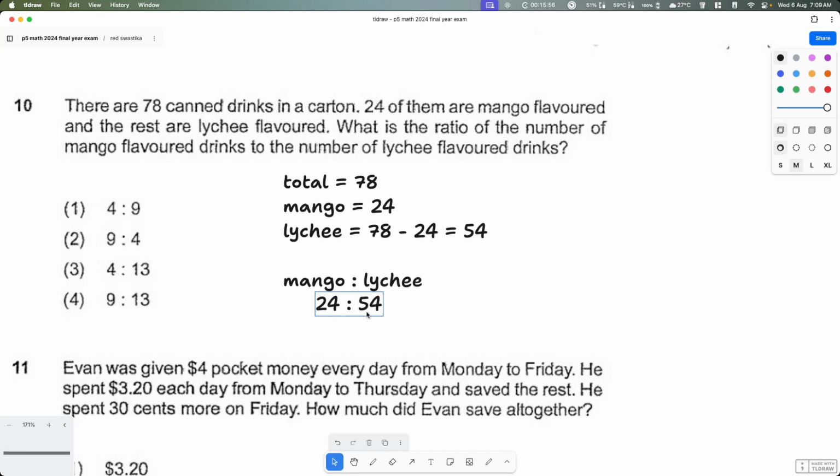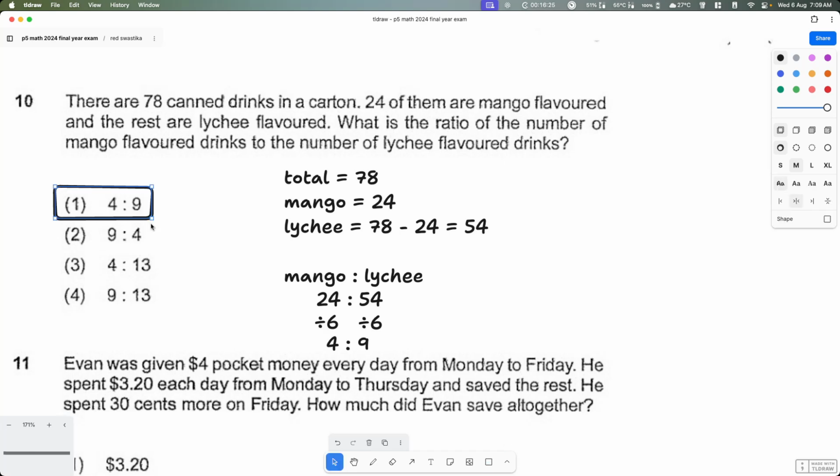Is it divided by 8? Yes, we can divide this by 6. Sorry, 6. So in this case, divide by 6 for both cases over here. Right, so what does this mean? This will become 4 over 9. 4 is to 9. Okay, so for mango and lychee, correct? Correct. Okay, so that means this is option number 1.